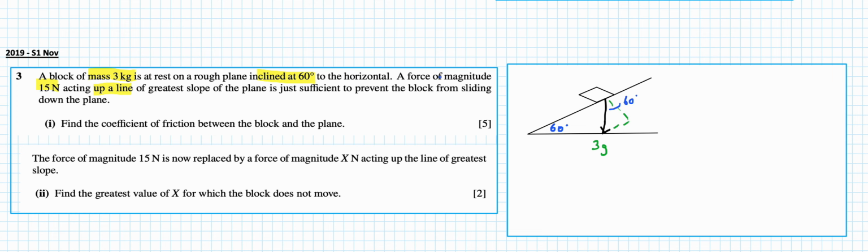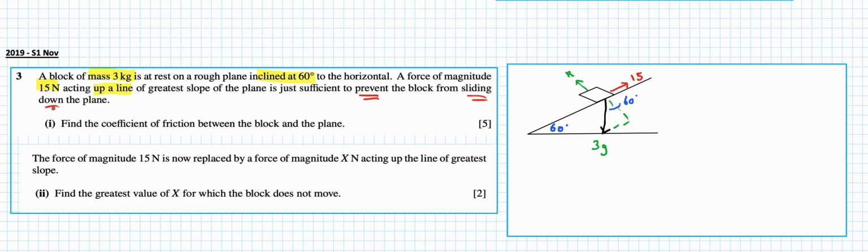It's the magnitude of the normal reaction between the block and the surface of the plane, and that's part of the formula for finding friction. Remember, if the surface was smooth, there wouldn't be any friction. So when μ is greater than 0, you've got what's called a rough surface.